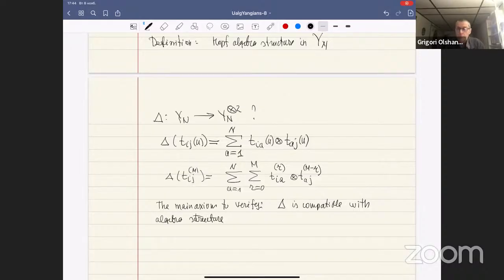So we have a linear map. We have to prove that this extends to a linear map which preserves the multiplication.